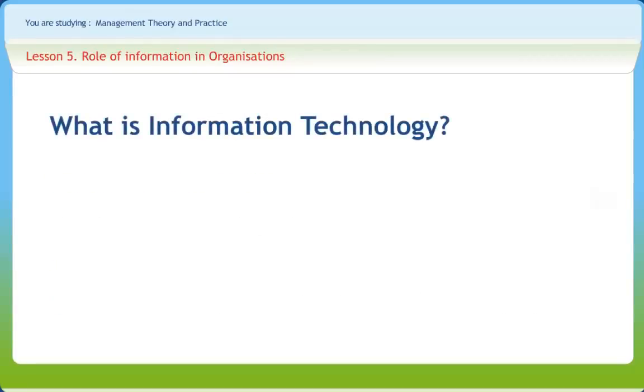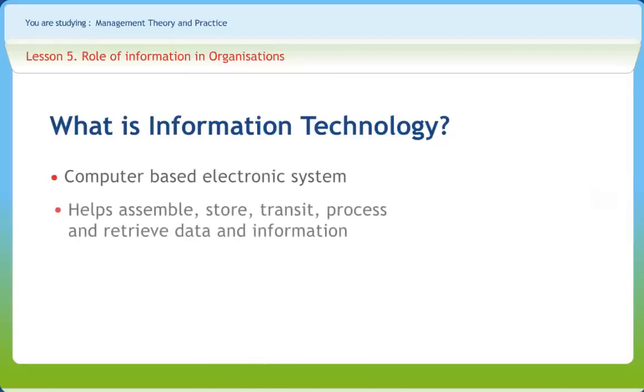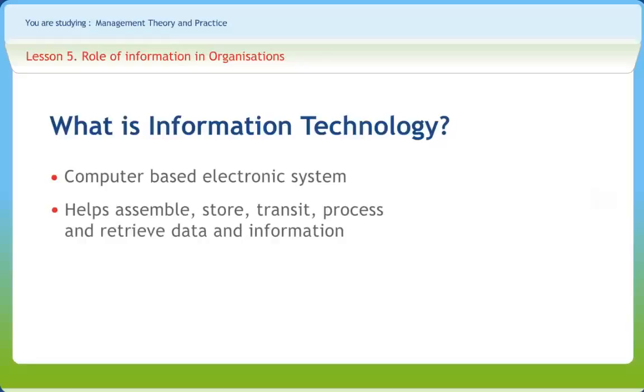How do we define information technology? I guess we all know the answer. Information technology can be commonly understood as a computer-based electronic system that helps to assemble, store, transmit, process and retrieve data and information. The benefits of information technology are endless.